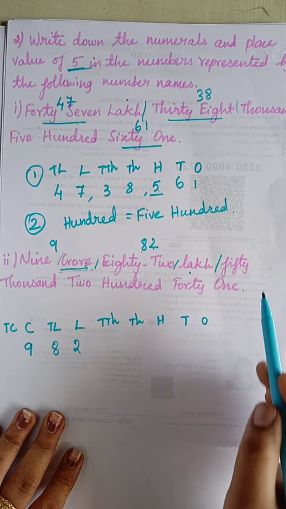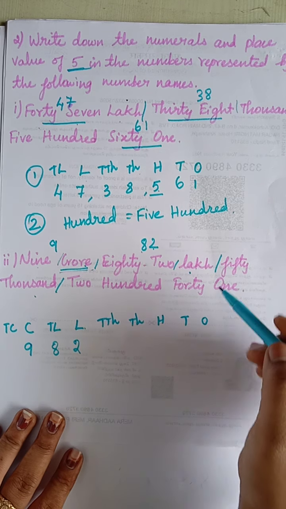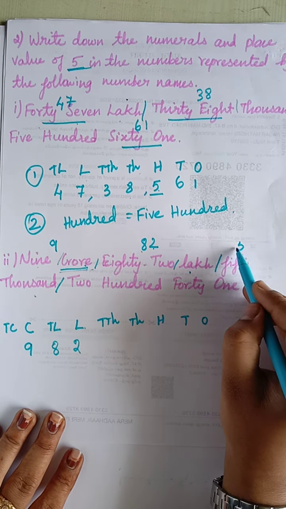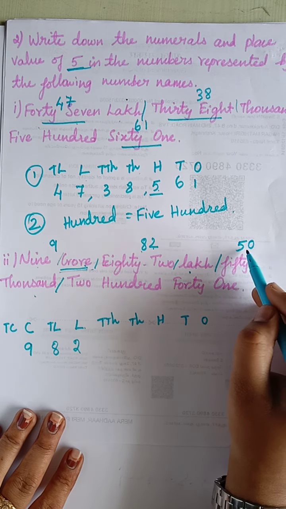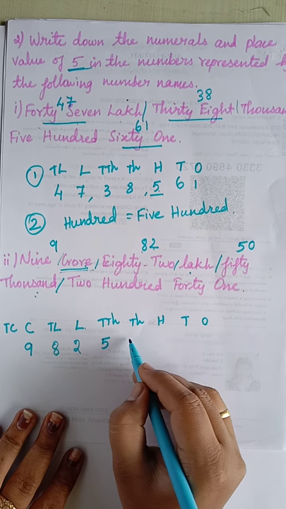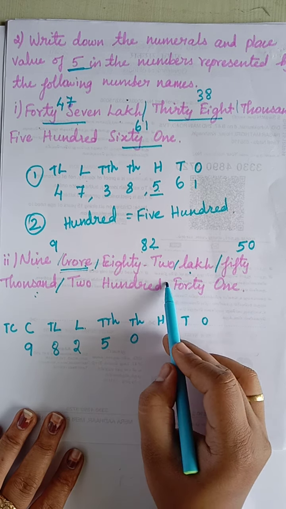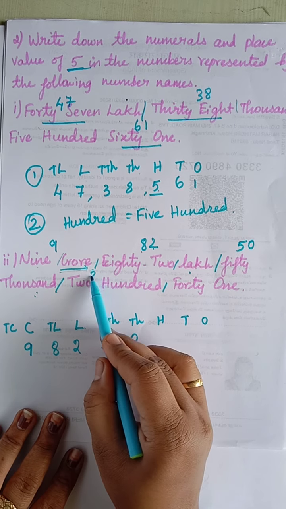Clear? Then 50,000. So stop till 50,000. So for 50, how will you write? 50. 50 na neenga eppadi dhanama eluveenga? 50,000. Appo inga enna varanum? 50,000. Clear? Very simple. Then 200. Stop till 100. 2 means 2 னு எழுதுவீங்க.